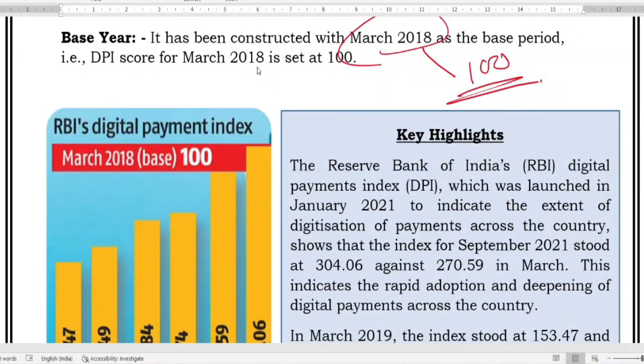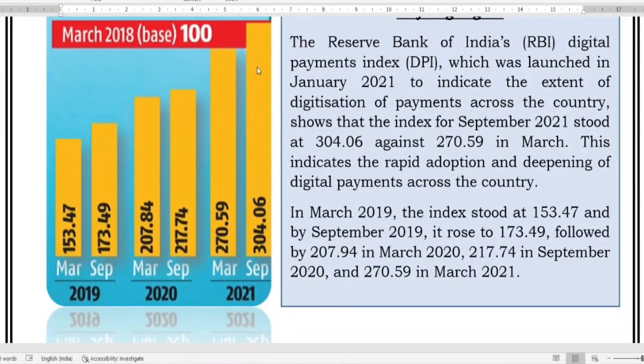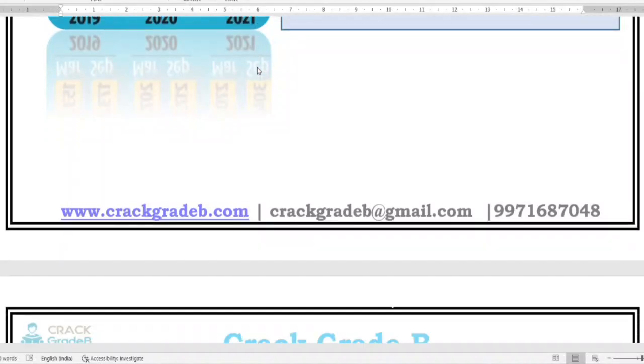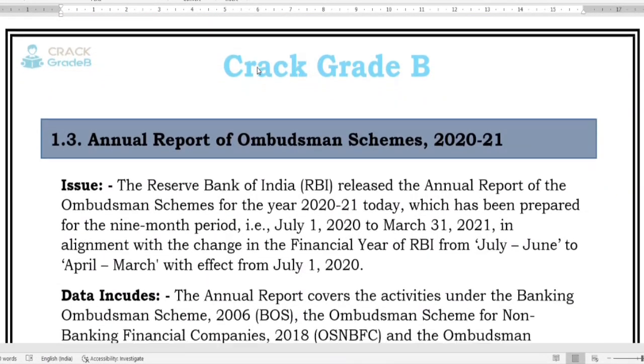So the base year is March 2018, and the base is 100. In September 2019 it was 153.47, and now it is 304.06. Okay, so let's move forward with the next news article.